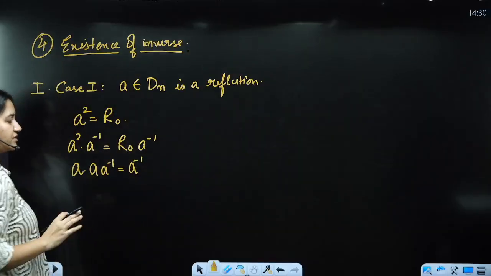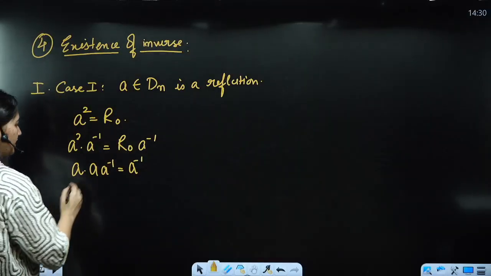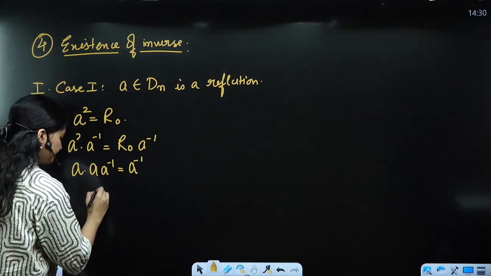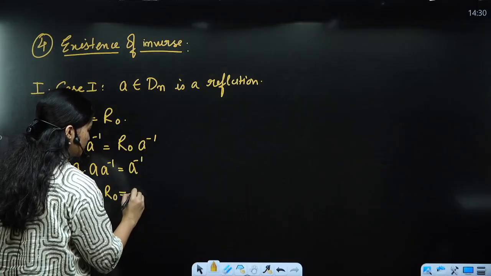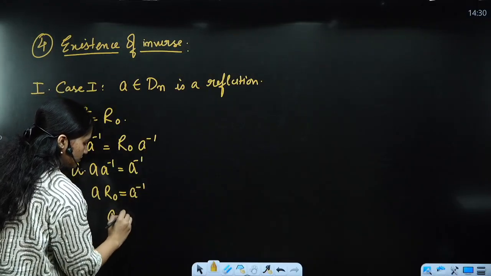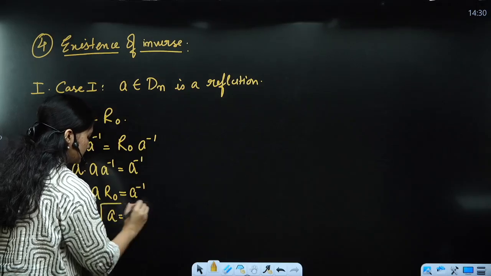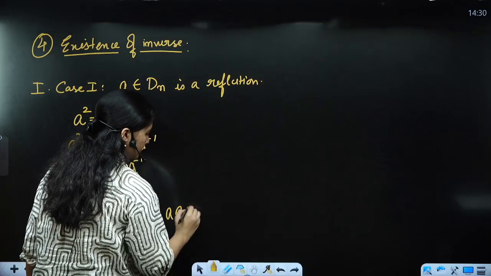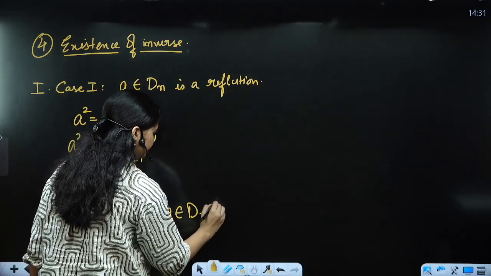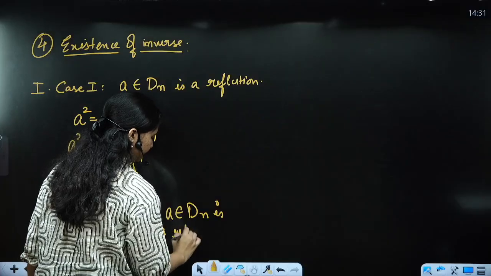R naught with A inverse is again going to be A inverse, and A dot A inverse is going to be R naught, or if you want to write, you can write E as well, no issues. So A equals A inverse, where A belongs to Dn is a reflection, right?